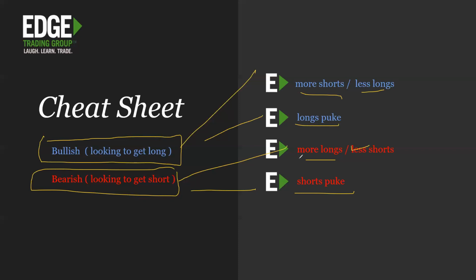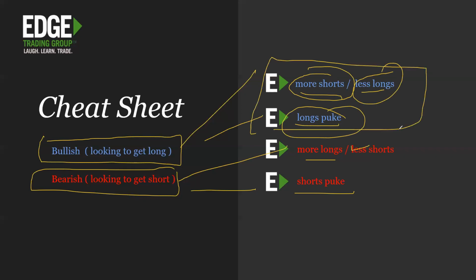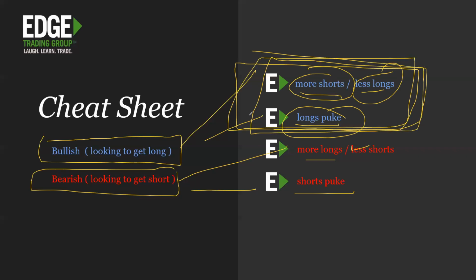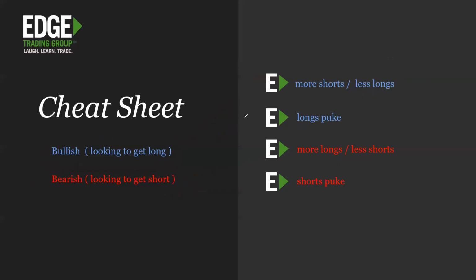So on the puke tool, what do more shorts look like? What do less longs look like? What do longs puke look like? And just say, if I'm looking to get long, right? I'm looking for these three to get long. Now, I don't want anybody to be smart. Nobody's asking me this, but just in case, there's other things that would be helpful for price to go up.